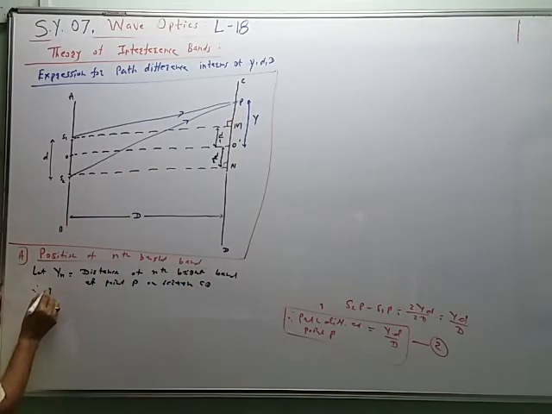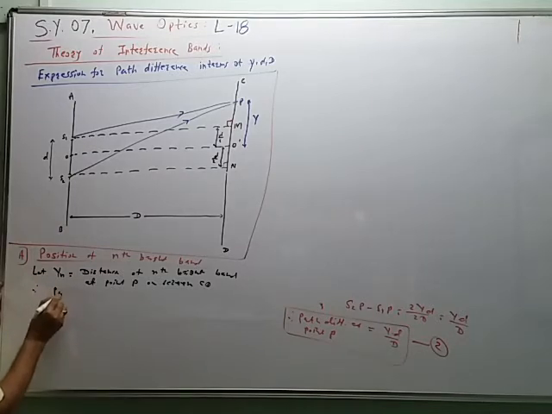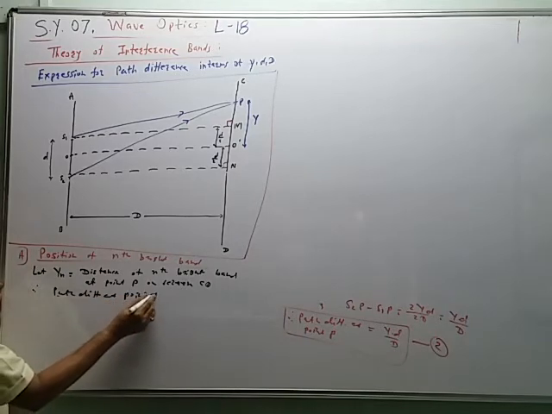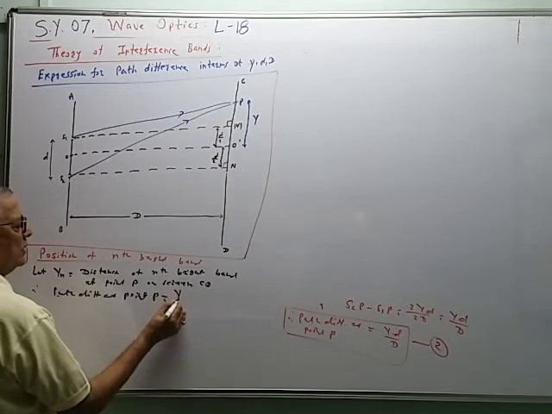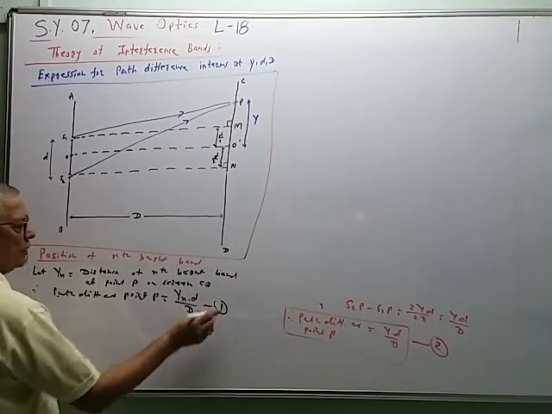Therefore, for the nth bright band, path difference at point P is equal to the same formula, yn into d upon D. So this is equation 1.